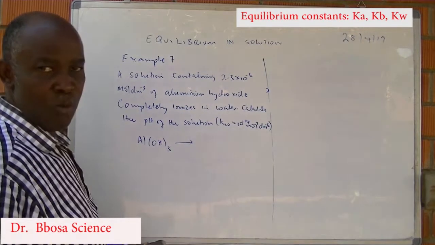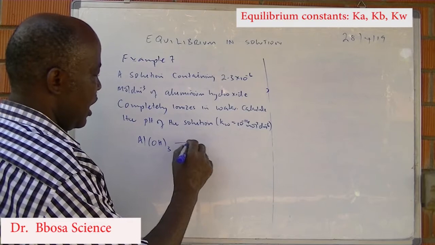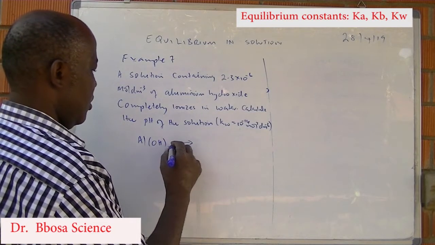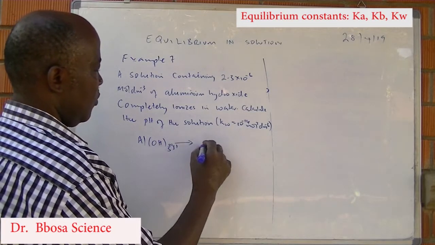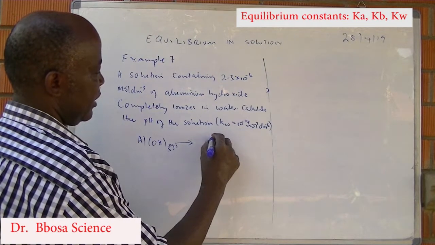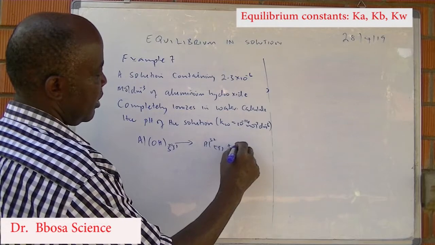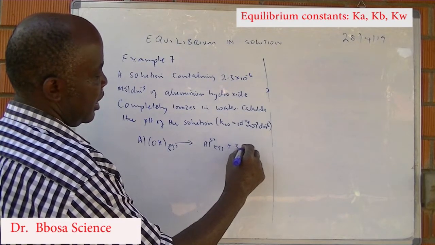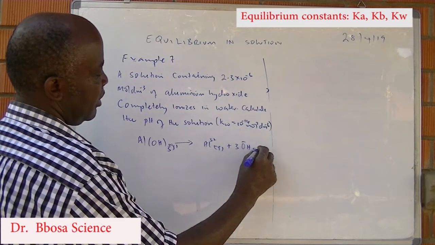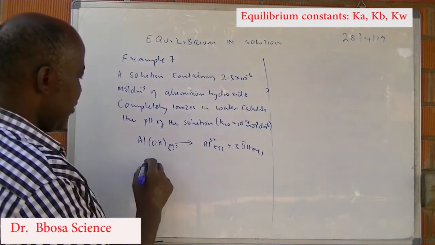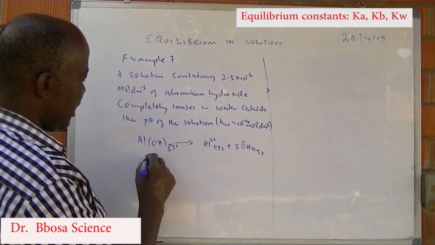They have told us completely, so we use a single arrow to form aluminium ions, aqueous, plus free hydroxyl ions.